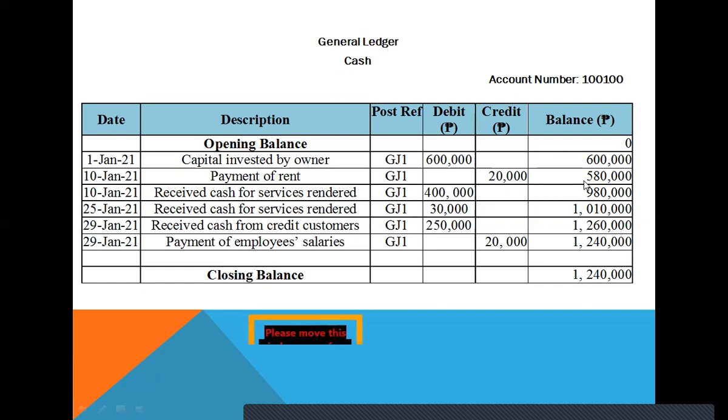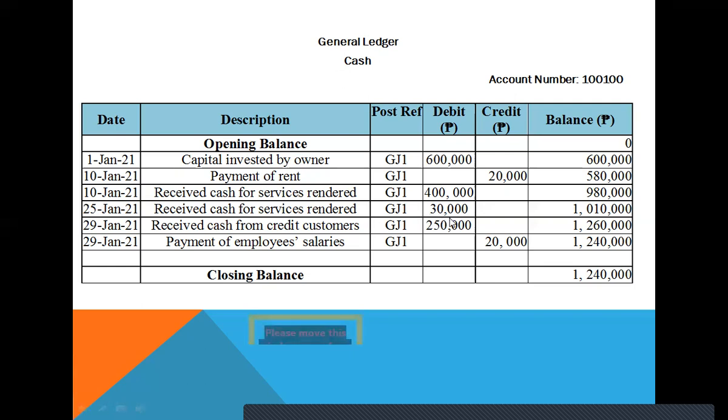But then on the same day, you receive cash for services rendered of 400,000 pesos. So you add 400,000 pesos to 580,000, that makes it 980,000 pesos. Now on January 25, you receive cash for services rendered, 30,000 pesos.